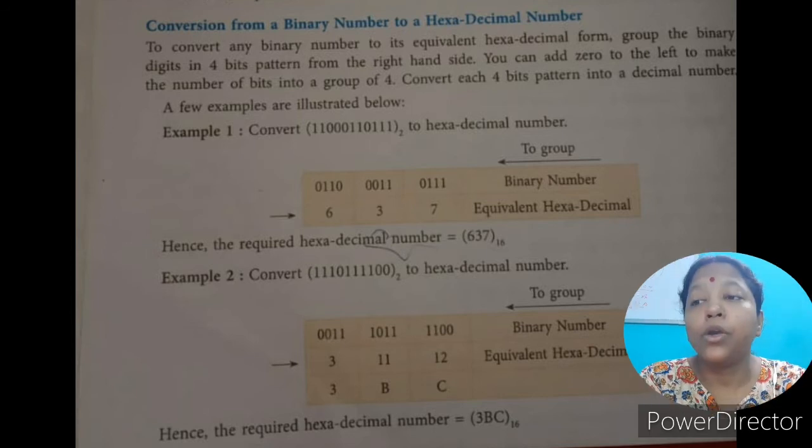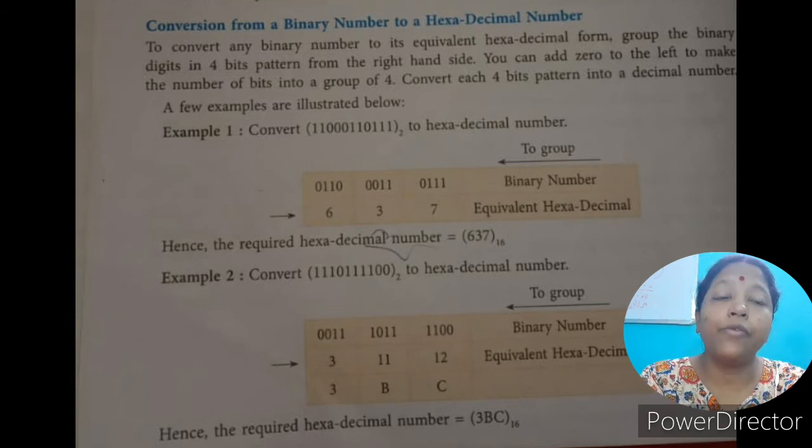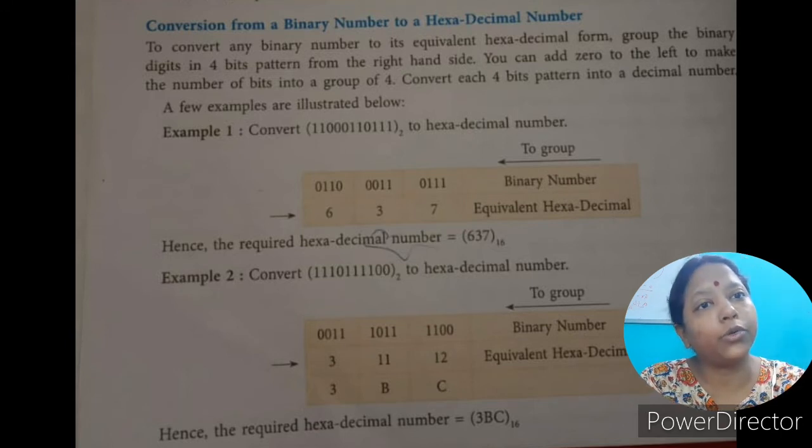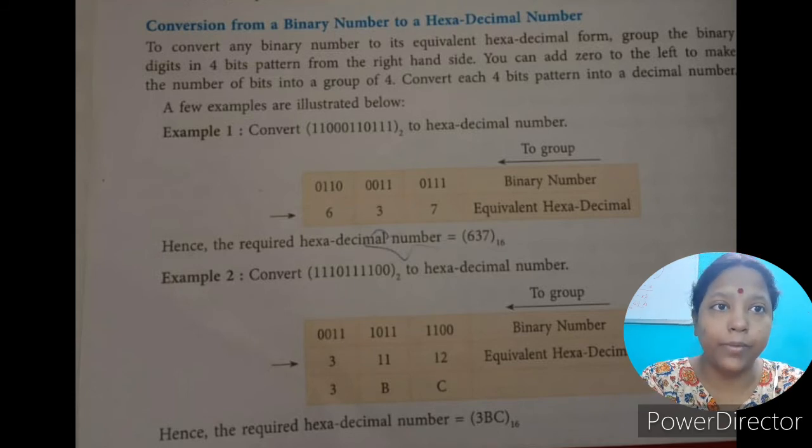Okay. You can add 0 to the left to make the number of bits into a group of 4. So we can add zeros in the left side to make this 4-bit group, if required.